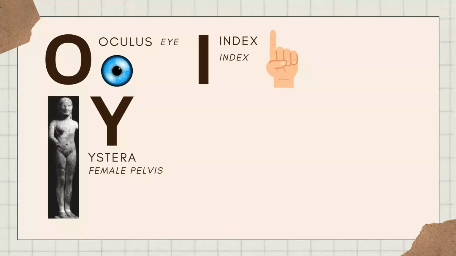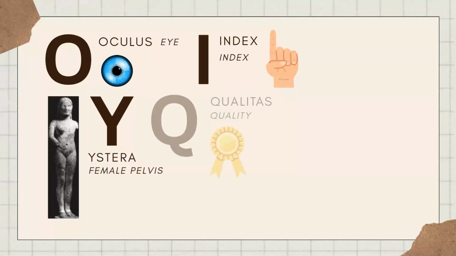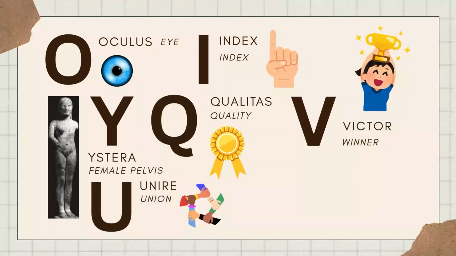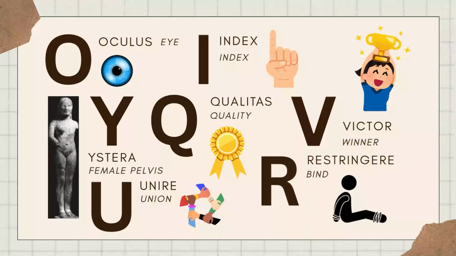Y symbolizes the female pelvis, and Q can also stand for quality, or way of being. V gestures towards victory. U speaks of union. The letter R evokes the idea of a knot, a bond. It may recall chains, a prisoner, or a captive.